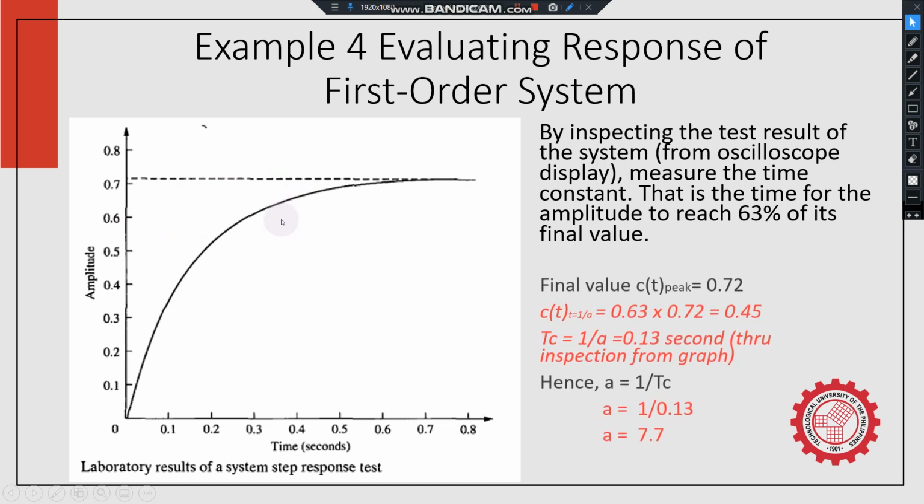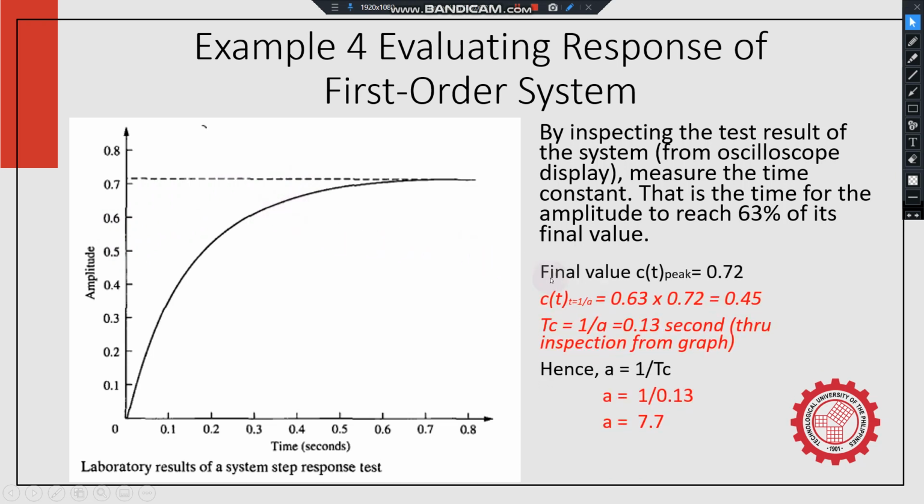If the final value is 0.72, what is 63% of 0.72? That is 0.45. So from here, say ito yung ating 0.45.